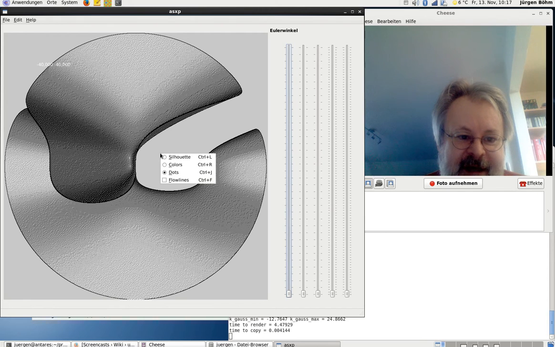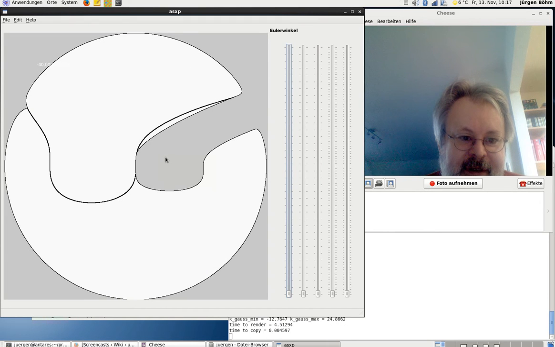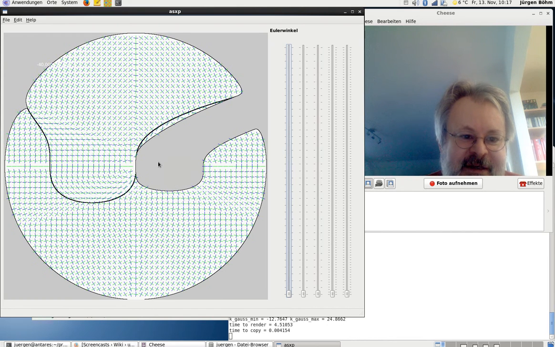So now we go back to the silhouette display, and we go into the flow line mode. We will see in a few seconds. Yes, now we see the cross field of directions, and now I simply do the following.